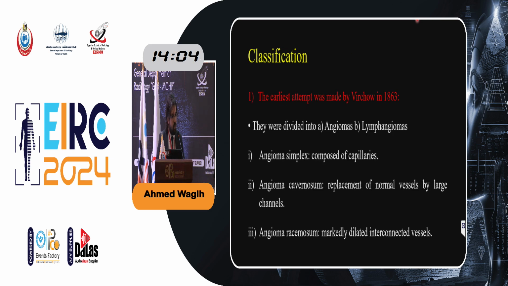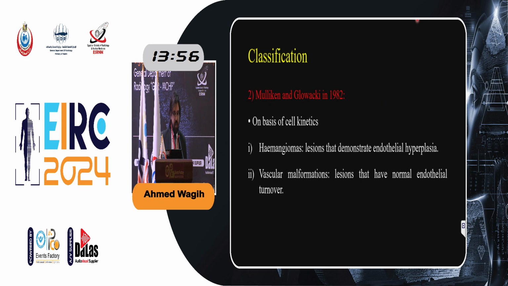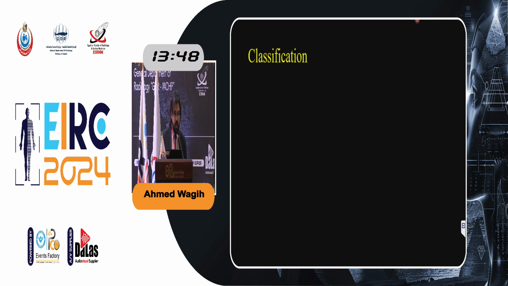The earliest method for classification of these malformations was by Virchow in 1863. They were divided into angiomas and lymphangiomas. And then by Mulliken and Wagih in 1982, on the basis of cell kinetics, they were divided into hemangiomas and vascular malformations. And this was further divided in 1996 by the International Society for the Study of Vascular Anomalies, or ISVA.